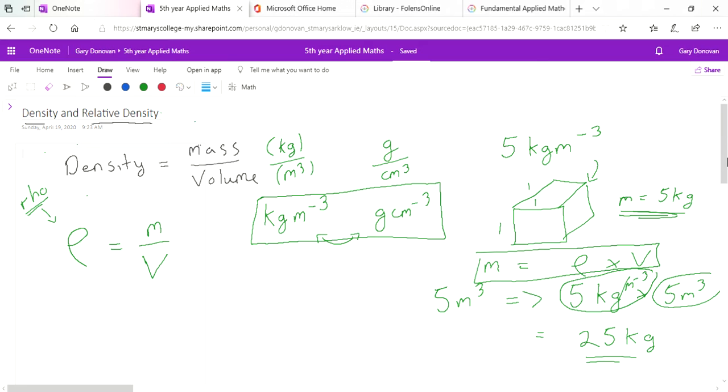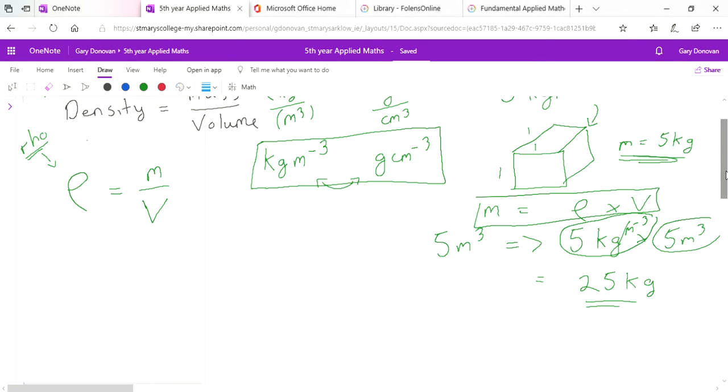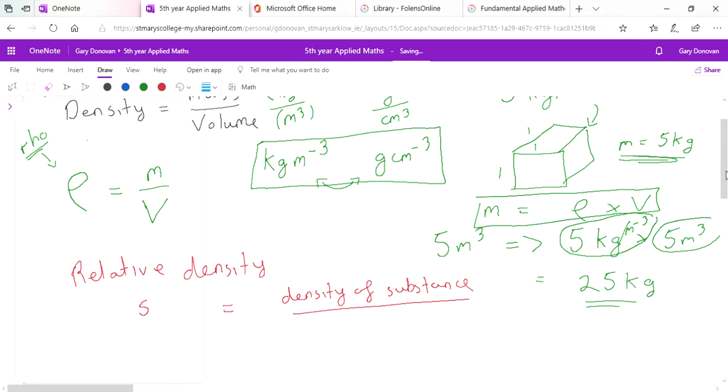Now in this topic there's another term that you'll come to know, and that's relative density. The actual equation for relative density, which has the symbol S, a small s, is the density of a substance divided by the density of water.